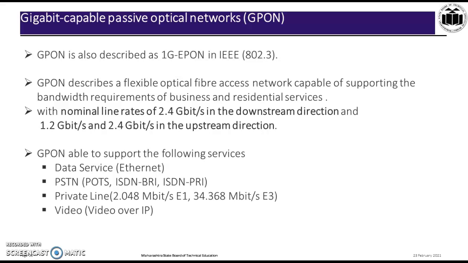The gigabit capable passive optical network. GPON is also described as 1G EPON as per the IEEE standard 802.3. The GPON describes a flexible optical fiber access network that is capable of supporting the bandwidth requirements of business and residential services with nominal line rates of 2.4 gigabits per second in the downstream direction and 1.2 gigabits per second and 2.4 gigabits per second in the upstream direction.